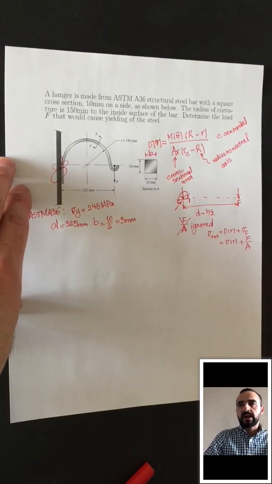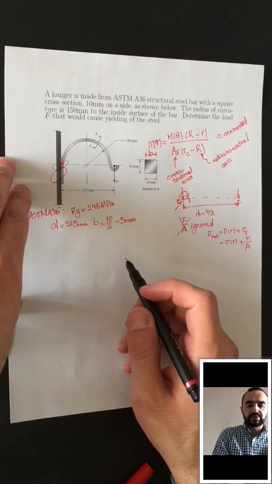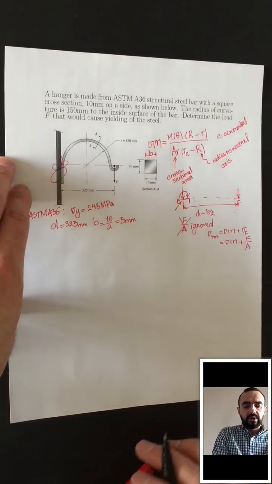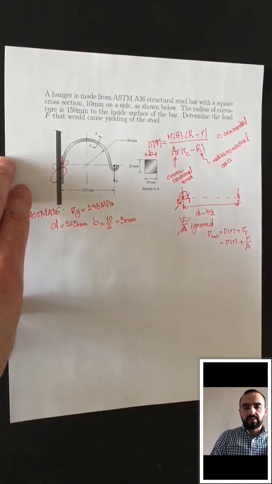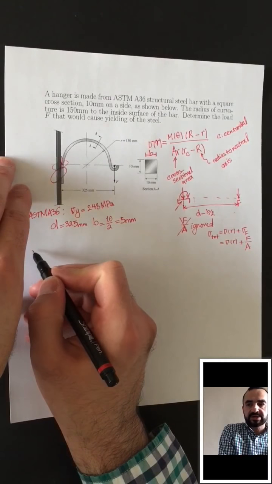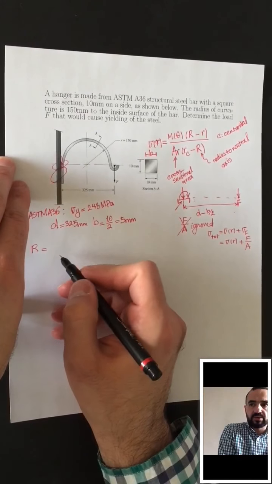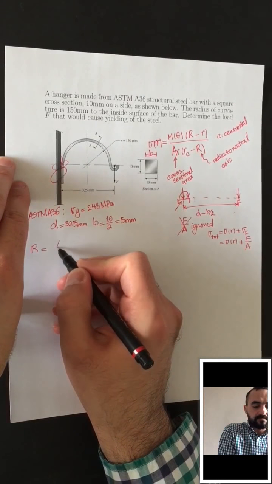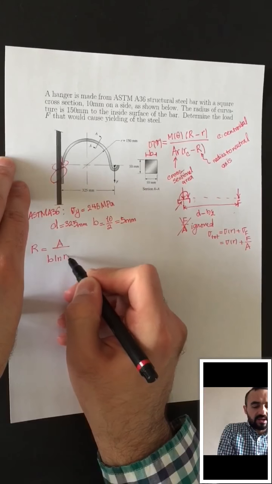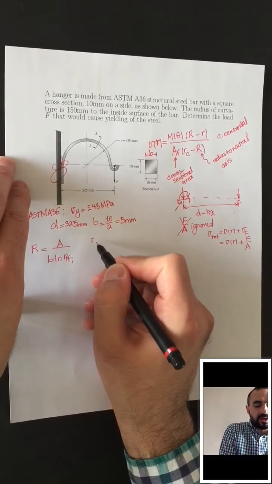All right. Now, for a curved beam with a square cross section, if you look at tables, or you can compute it yourself, you can see that your R, the neutral axis, is going to be A over B ln RO over RI.